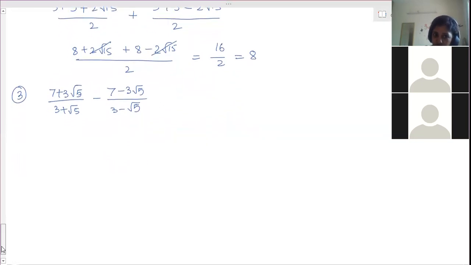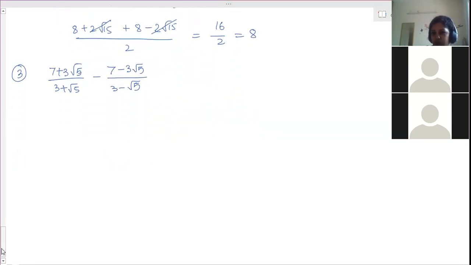These questions are 4 markers, so do slowly and properly. There should not be any chance of any mistakes. So here separately rationalize 7 plus 3 root 5 divided by 3 plus root 5, minus the other fraction. One question of this kind, that is 2 fractions, 4 markers, one question will be there.